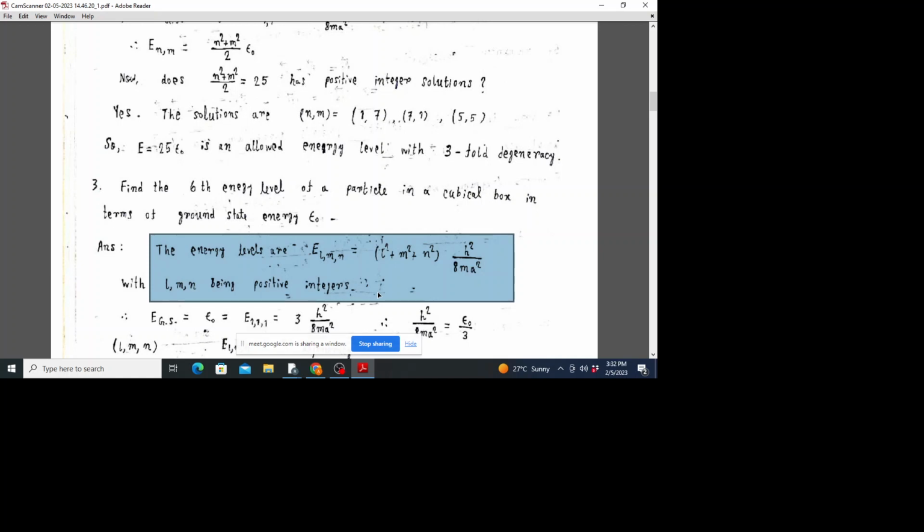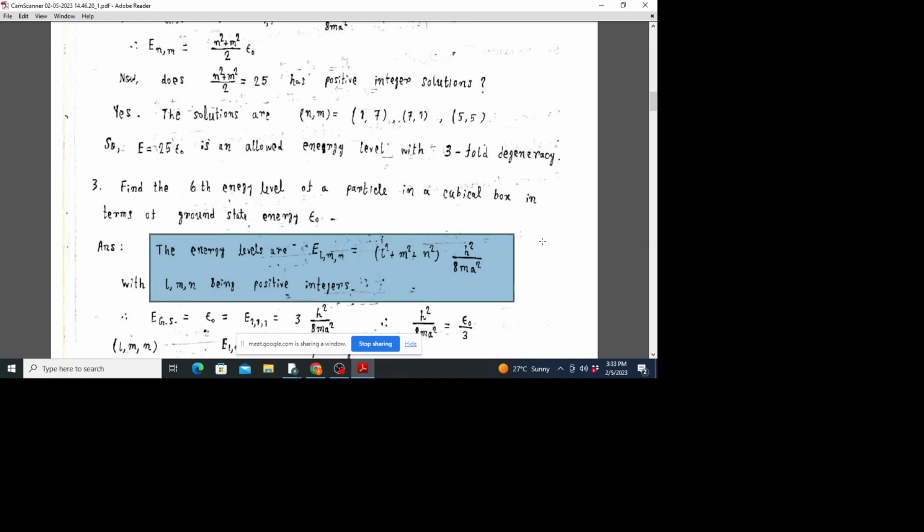You can think of L as the X direction, M as Y, and N as Z direction, so three integers to characterize three directions. So the energy level is given by this.